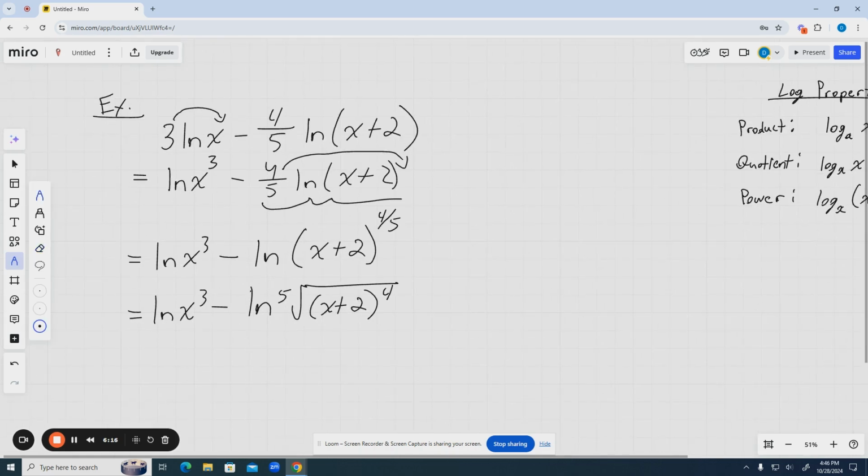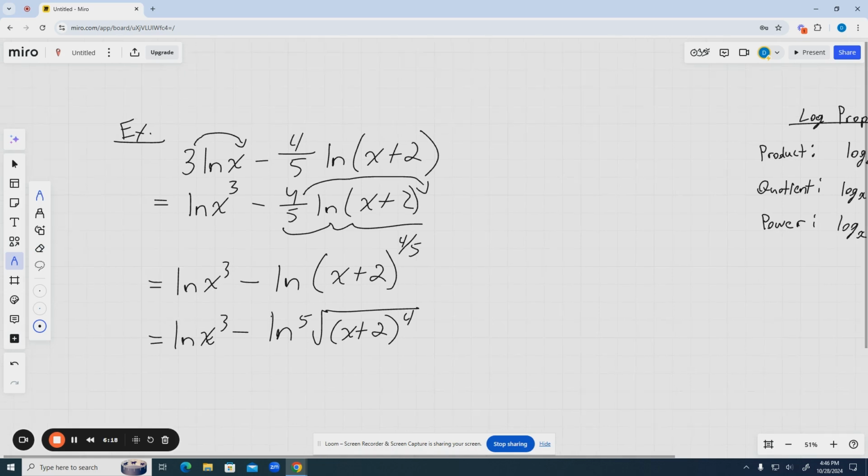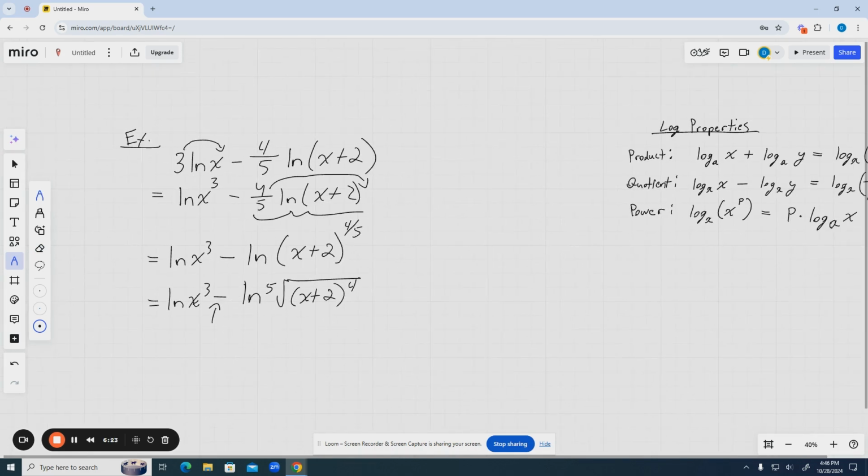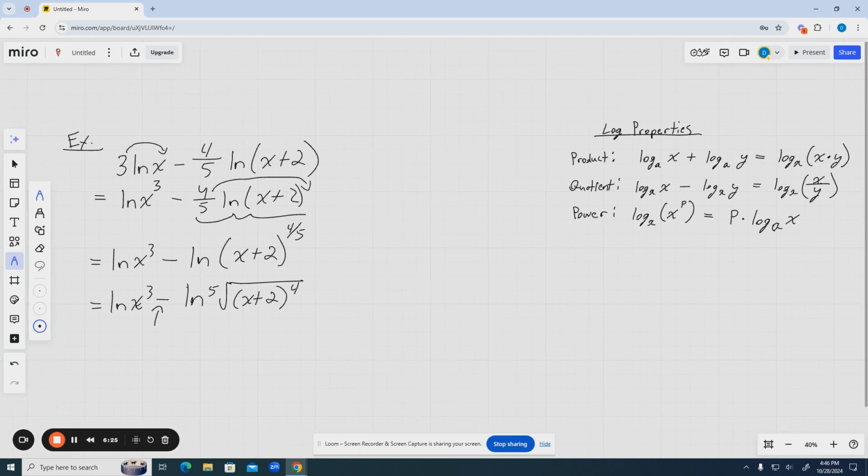I can now simplify this minus term, and I can use the quotient rule here. The quotient rule says if I have two logs with the same base, and ln is just saying log base e of something, these two have the same base. I can now combine these because the ln's are log base e.